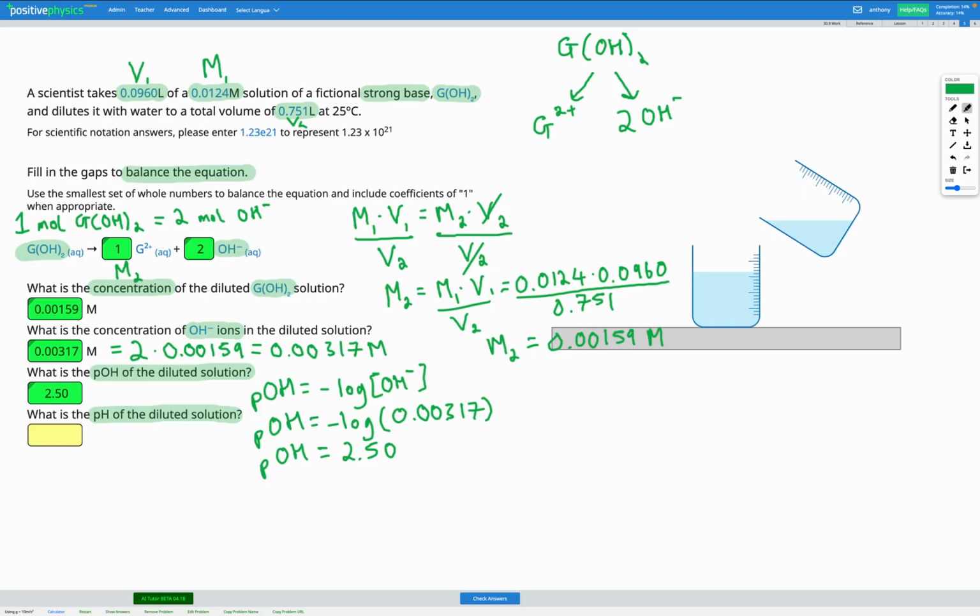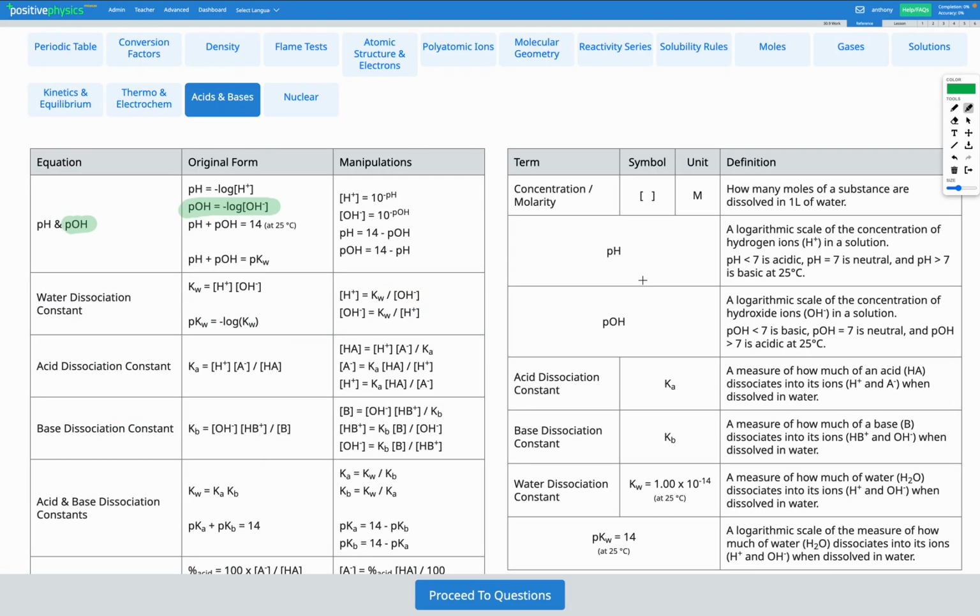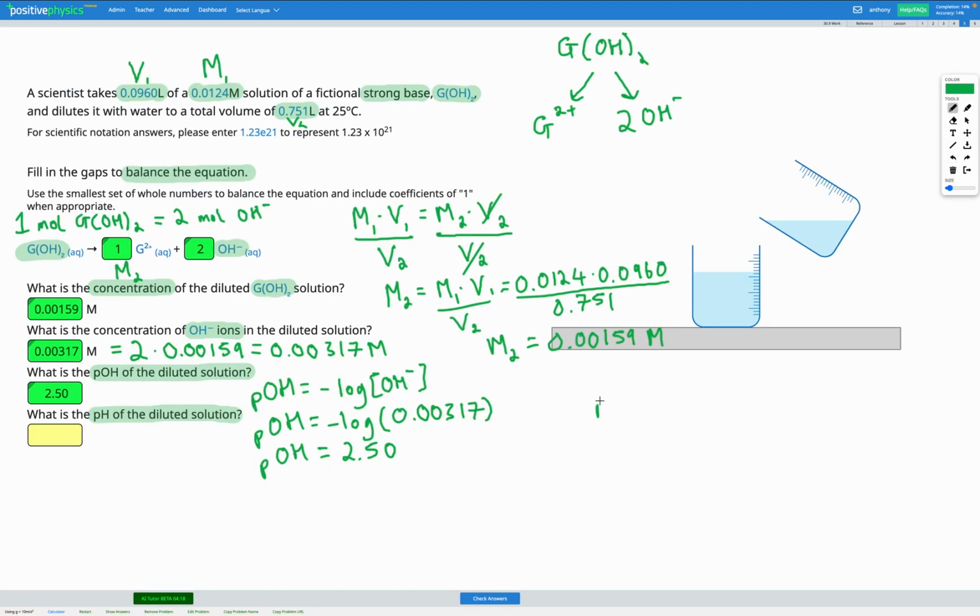Finally, we need to find the pH. So back to the reference sheet. Here's our equation that goes between pH and pOH at 25 degrees C, which it says we're at in the question. So pH plus pOH is 14. We want to find pH, so I'm going to subtract pOH on both sides so that it cancels on the left.